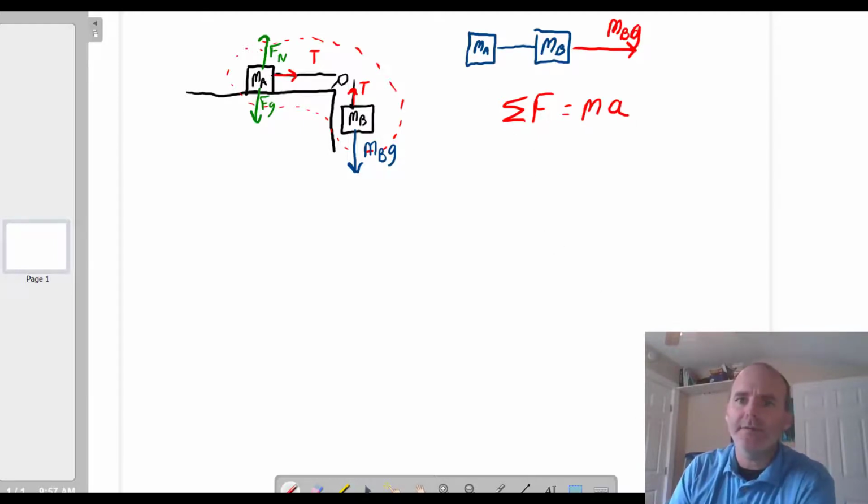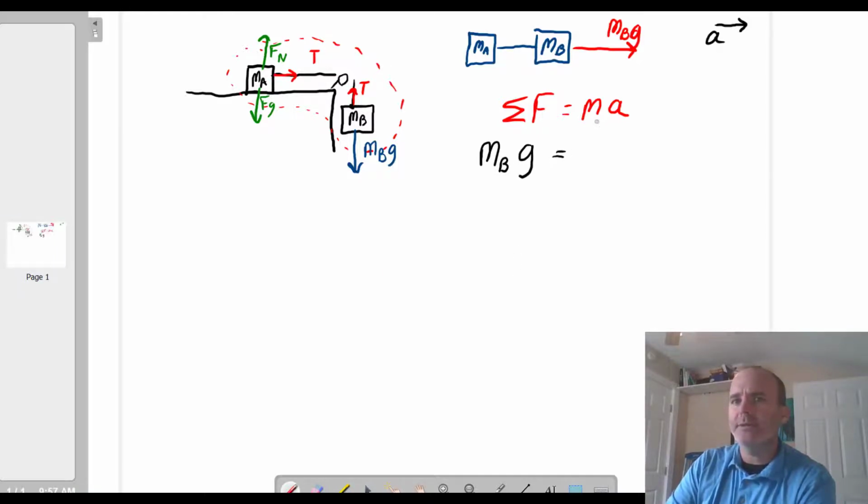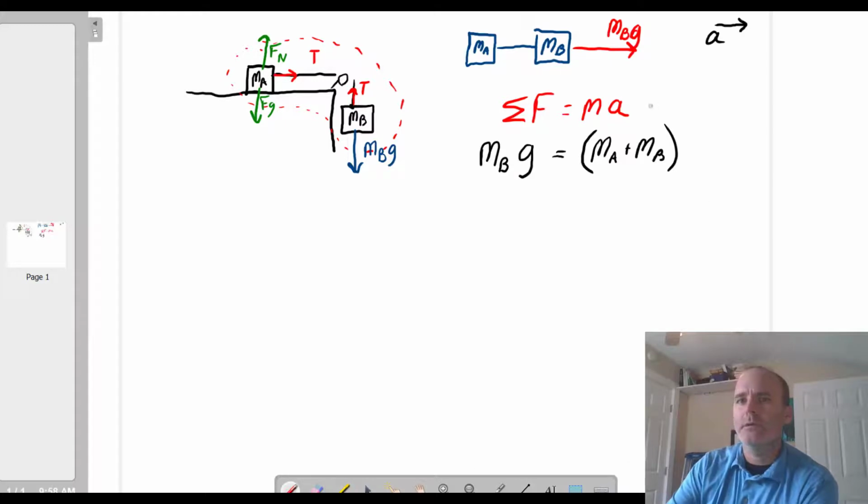The only force I have here that's going along with the acceleration, and note that my acceleration is in this direction in terms of my weight, is mBg. And that's equal to my total mass, so I have both of these, mA plus mB, times my acceleration.